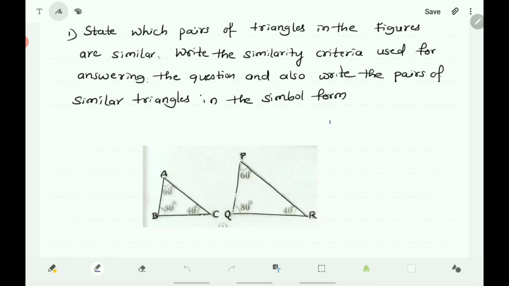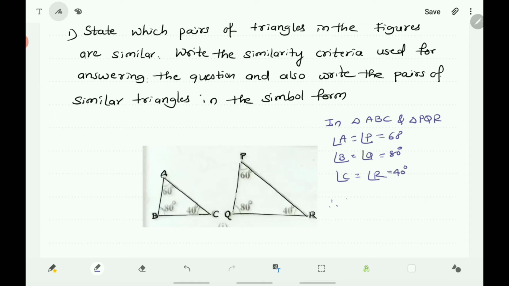So, you write, in triangle ABC and triangle PQR, angle A is equal to angle P, angle B is equal to angle Q, and angle C is equal to angle R. Here angle A and angle P are equal to 60 degrees, angle B and angle Q are equal to 80 degrees, and angle C and angle R are equal to 40 degrees.